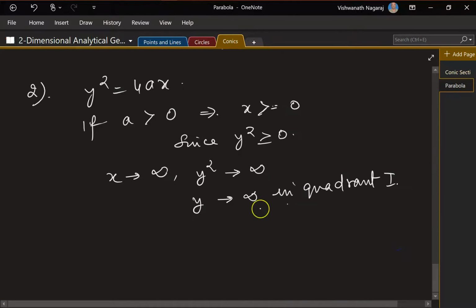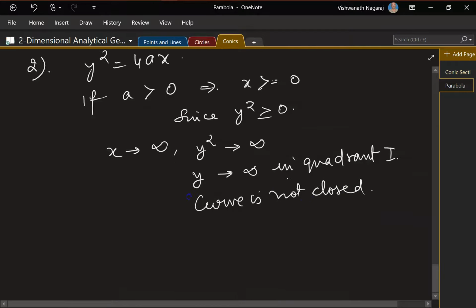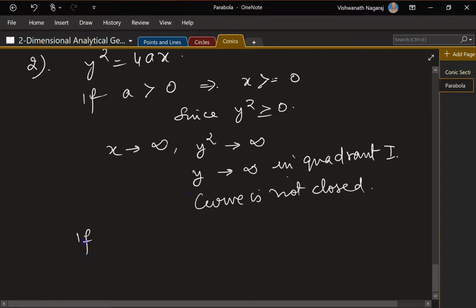Since y approaches infinity in quadrant 1, we can say that the curve is not closed, it is open.